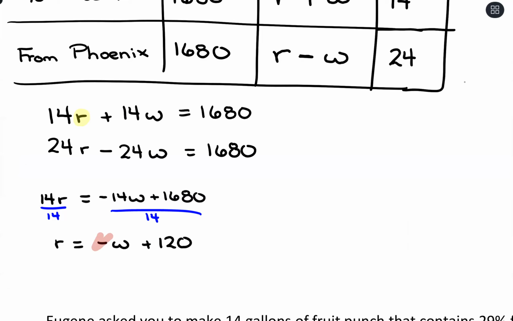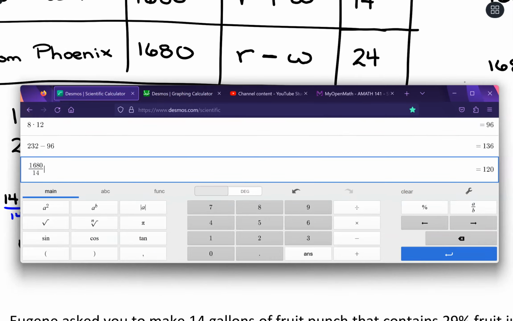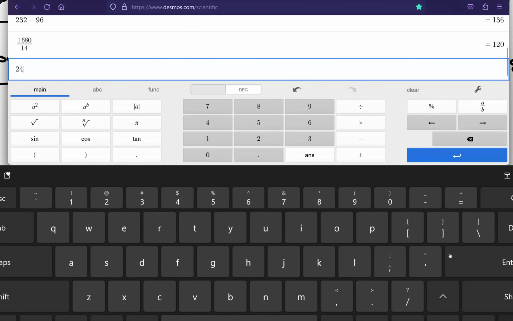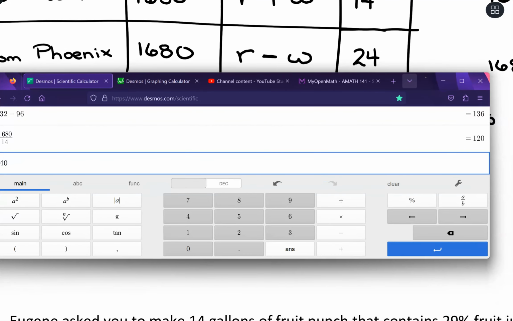Let's go ahead and pick that up, that negative w plus 120, and plug it into the other equation. So 24r, except I'm substituting in for r, minus 24w is equal to 1,680. So 24 times negative w plus 120, distributing the 24, so negative 24w plus 24 times 120.